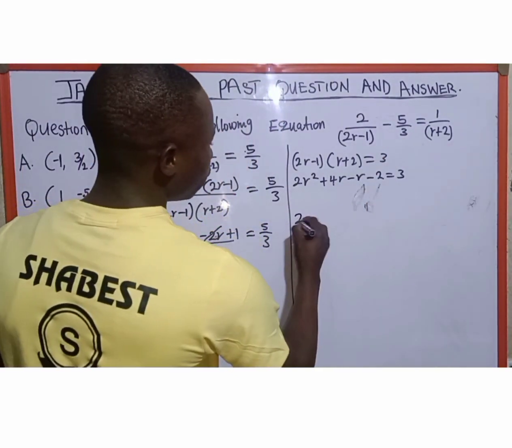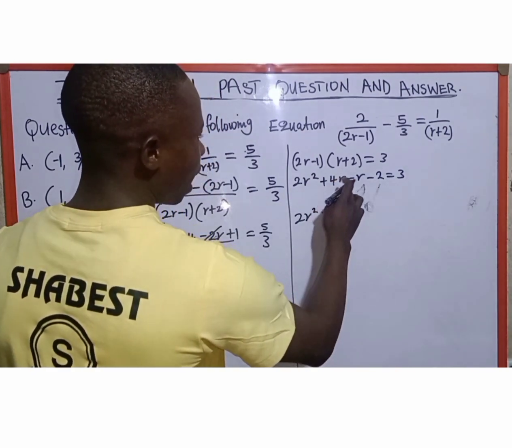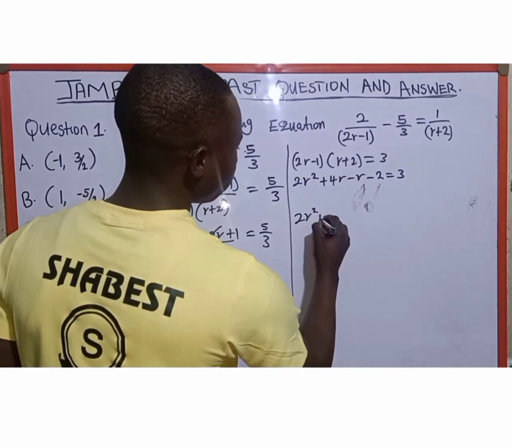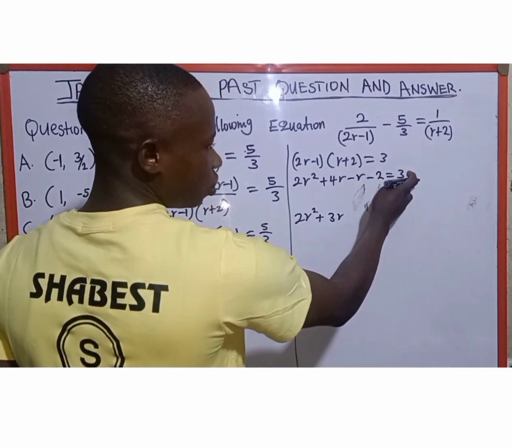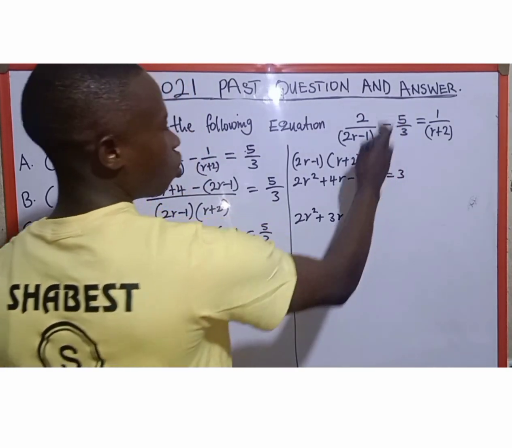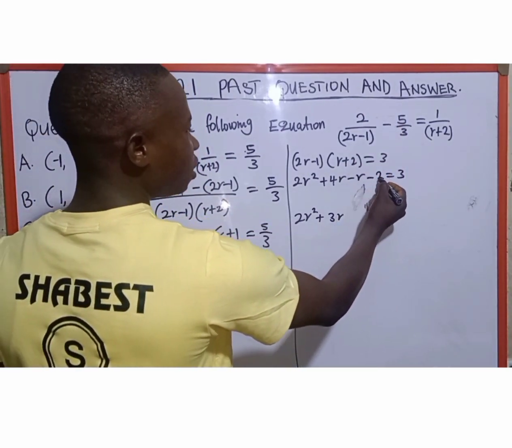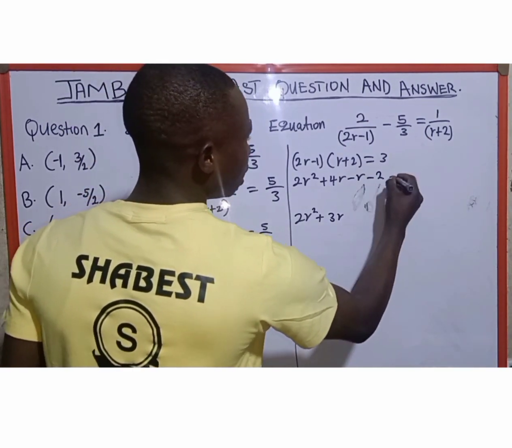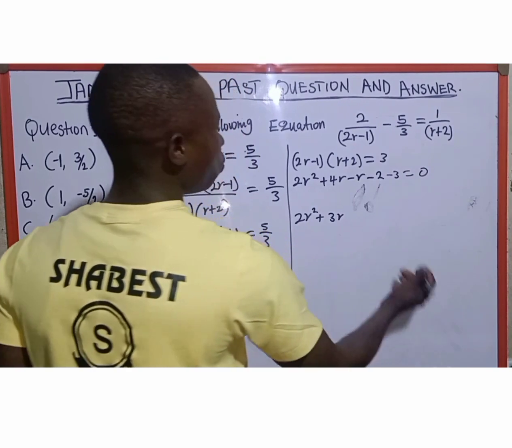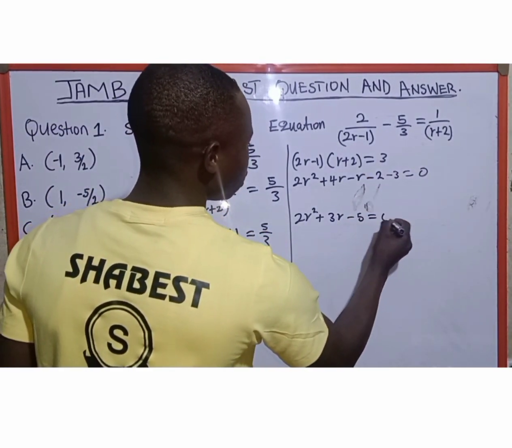So we are going to have 2r squared plus 4r minus r, which is going to give me positive 3r. Then this 3, which is positive here, is going to cross to meet this constant here. It will be negative, so we are going to have negative 2, negative 3. Negative 2, negative 3 is going to give me negative 5, which is equal to 0.